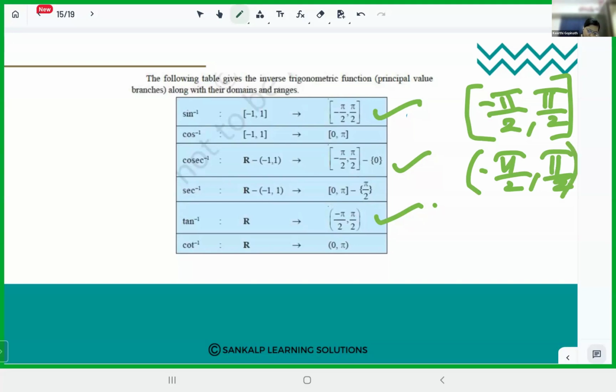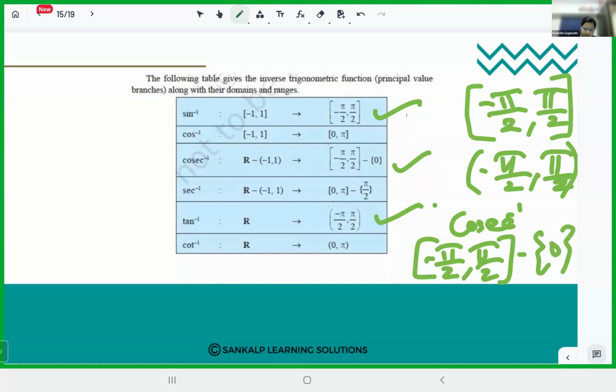Similarly, the cosec inverse PVB was the closed interval minus pi by 2 comma pi by 2 minus the set {0}. Similarly, we have grouped the other three together, and we studied the PVB of inverse trigonometric functions.